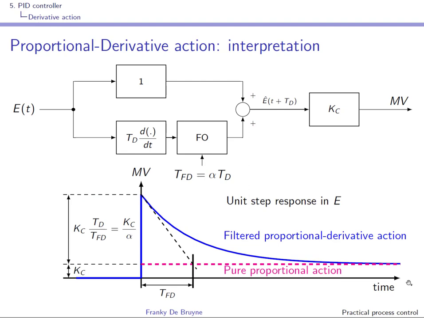What we'll do now is look at the unit step response of a proportional derivative action. This means that we have a unit step at the input and that we look at the evolution of MV, the manipulated value. Of course, in practice, MV will change and the process value will change, so therefore also the control error is going to change, right? But by looking at this unit step response, there is a lot to be learned.